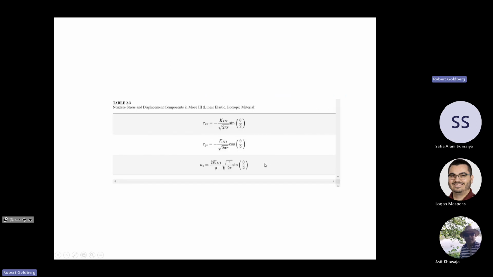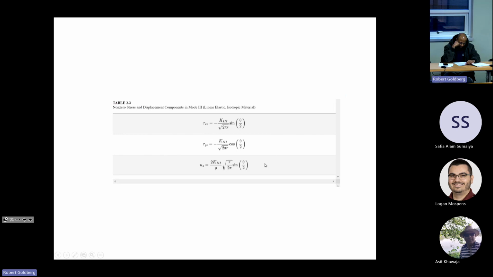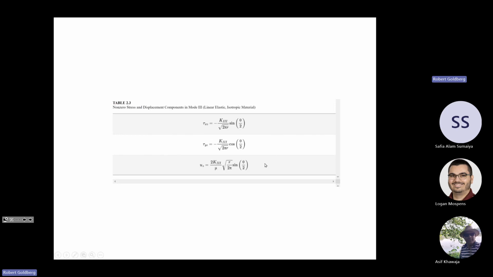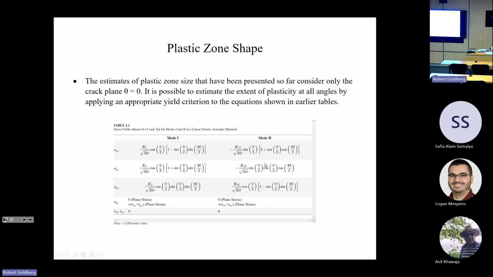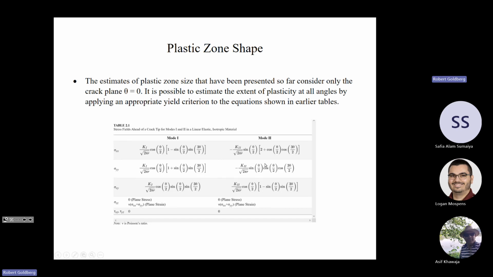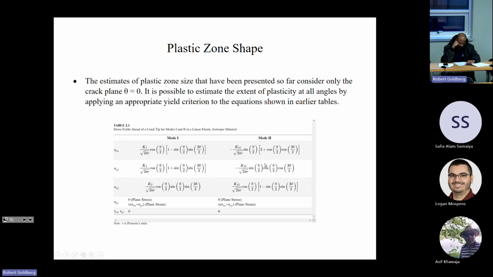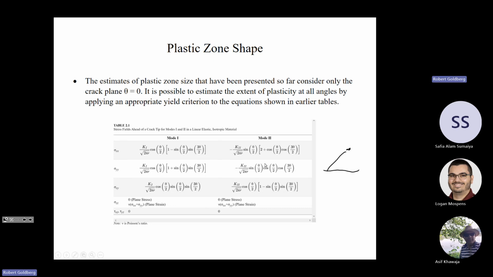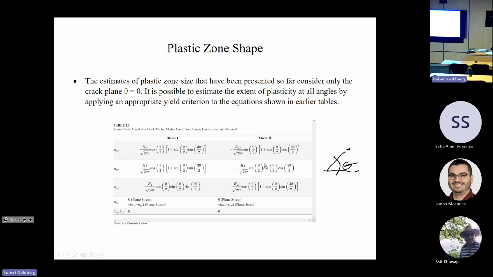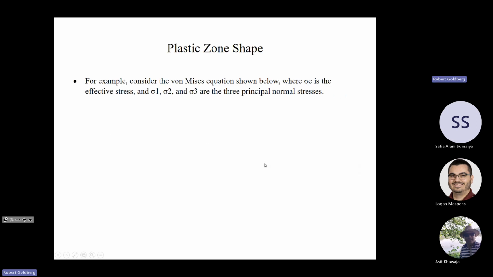We have our tables here that define, for the various conditions, what our stresses are and how they relate to the stress intensity factor and our angles. So at any angle theta, we can say what our multi-axial stress state is. We get beyond the crack plane, where at some angle theta from the crack plane, we can say what our stresses are at any point rotated from the crack plane.